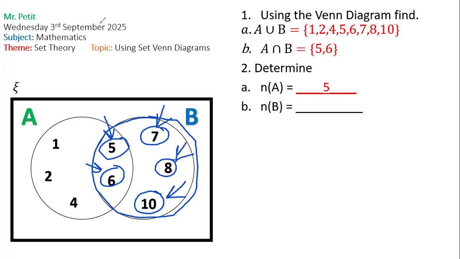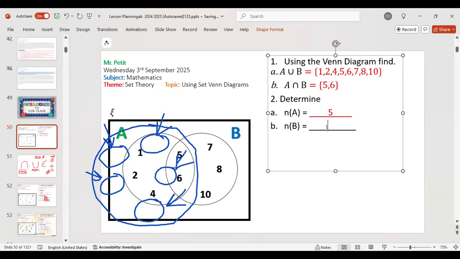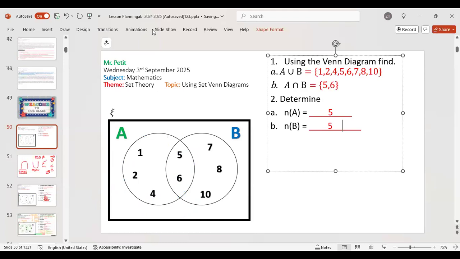So the number of elements in B is definitely 5. Who was it that answered? I think that was Rashid. Rashid, do you want to answer a question afterwards? Okay, good. So the number of elements in B is 5.